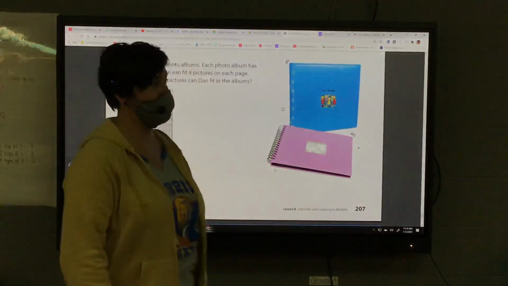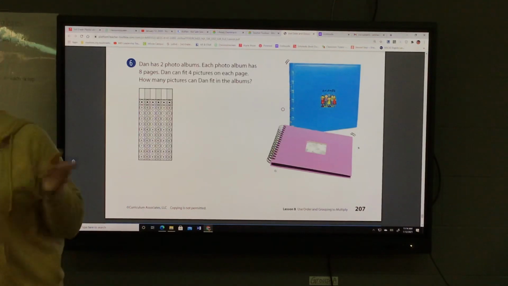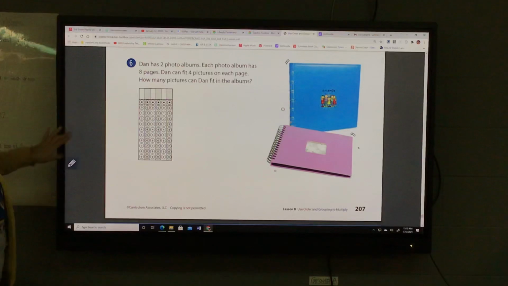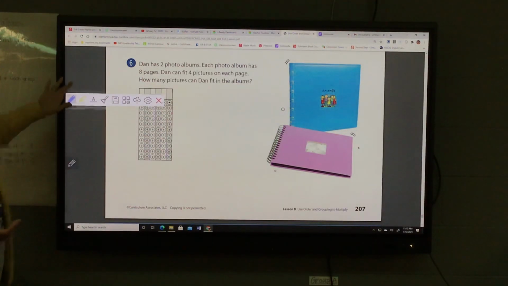Go ahead and write that multiplication equation, show how you're going to group it, and then finish solving it.